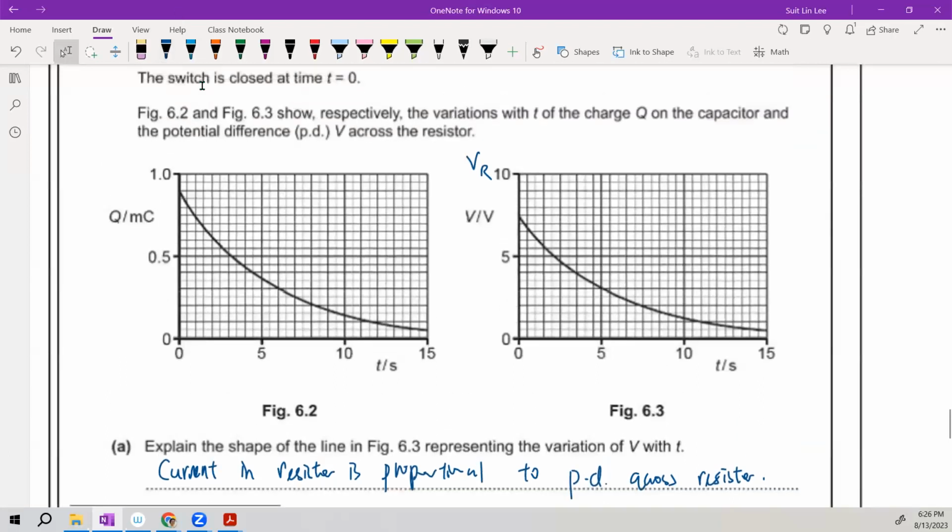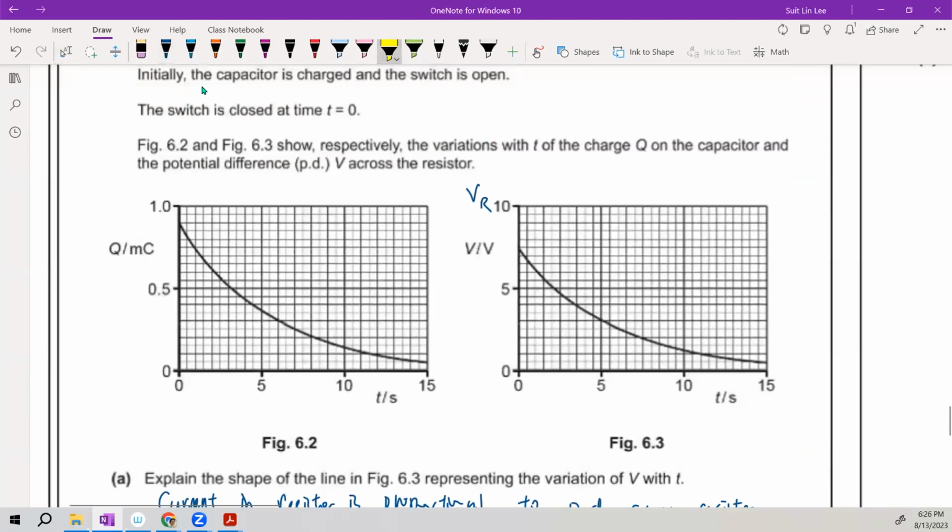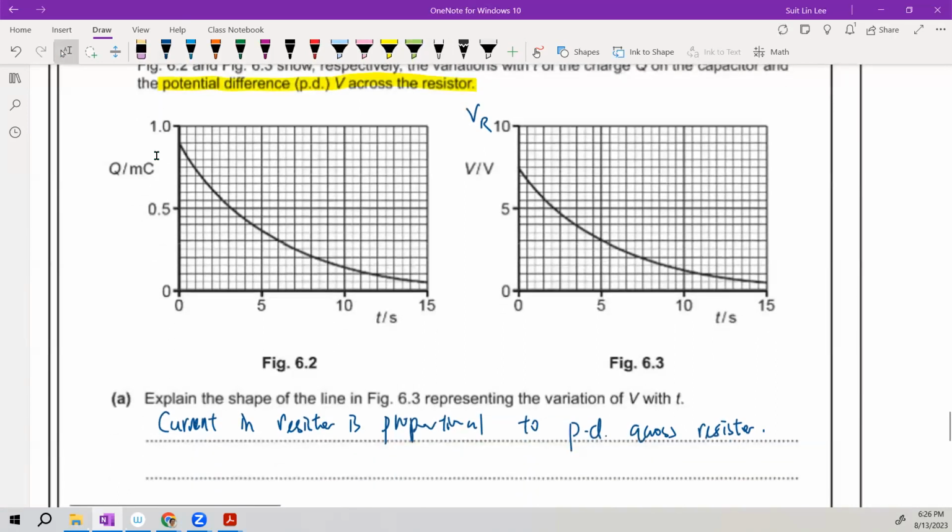Okay, this one. But we're going to link current and charge. So current proportional to voltage, Ohm's law. But also current is dq dt.